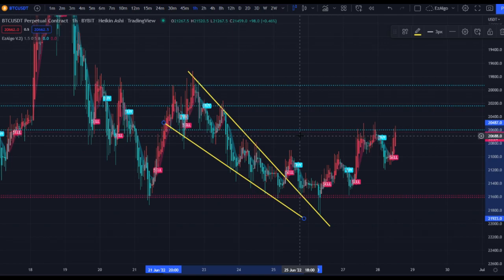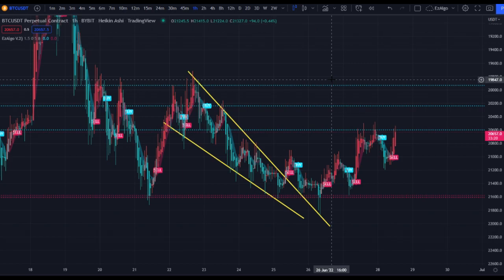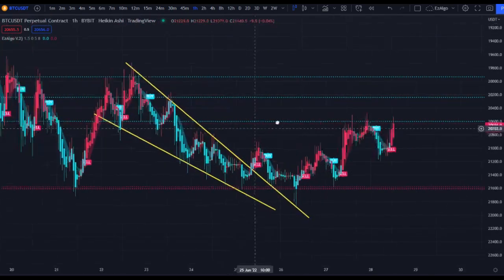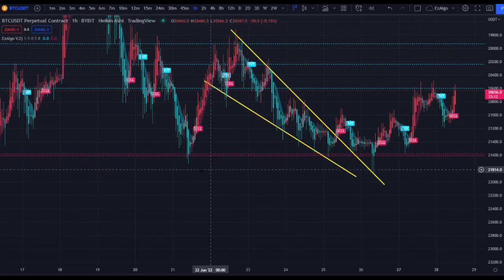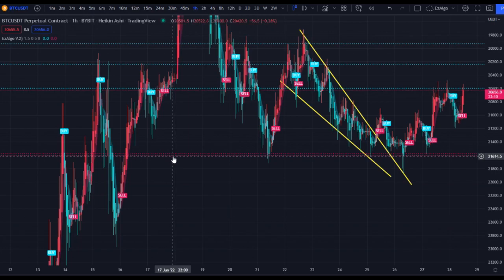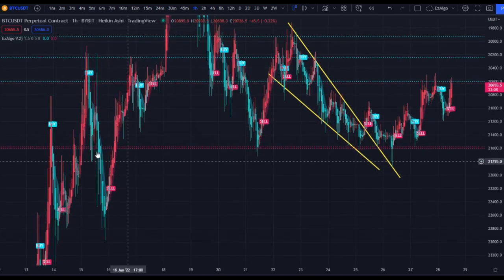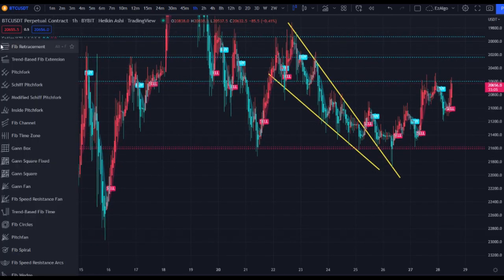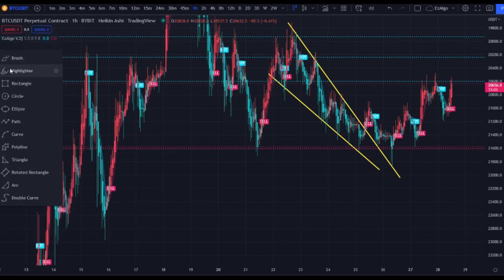I use horizontal levels. That's included with EzAlgo, by the way. You have these automated support and resistance levels. But what I see here is price coming to a support level, and there's a ton of buyers right here. On the inverse, there's a ton of buyers, a ton of liquidity in this area.